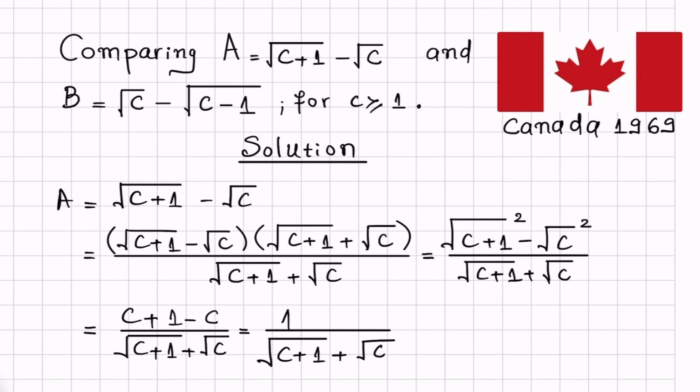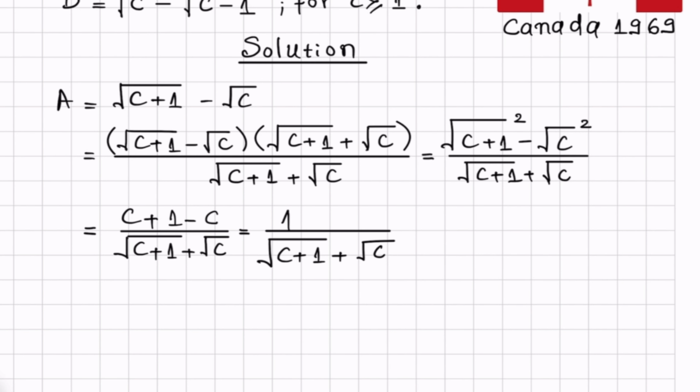Okay, leave it for now and let's look at the number b. So b is equal to square root of c minus square root of c minus 1. We do the same thing, multiplying this number by its conjugate.